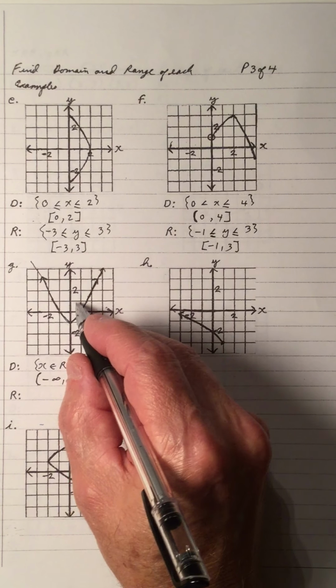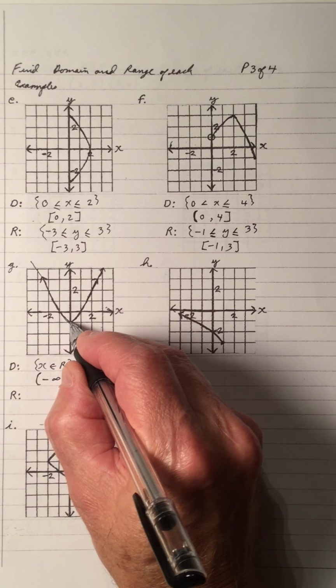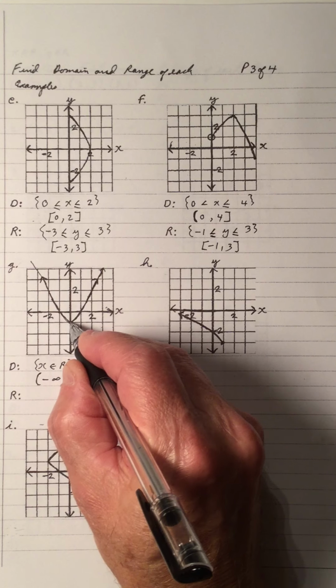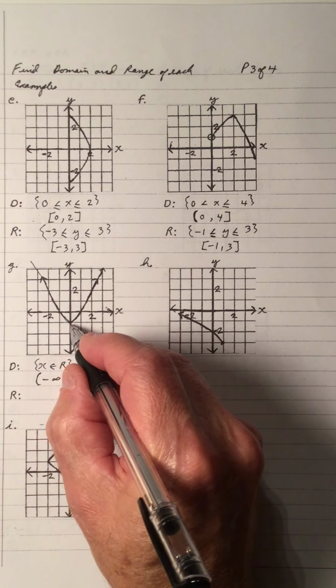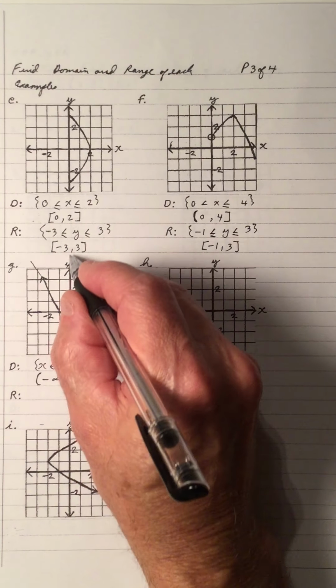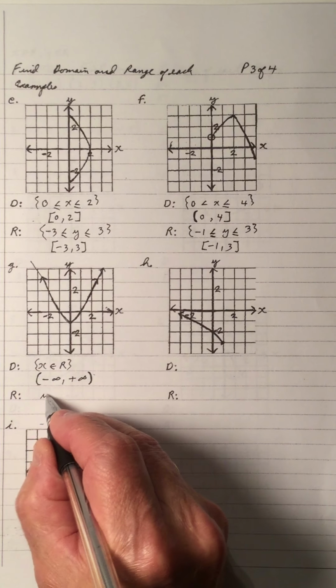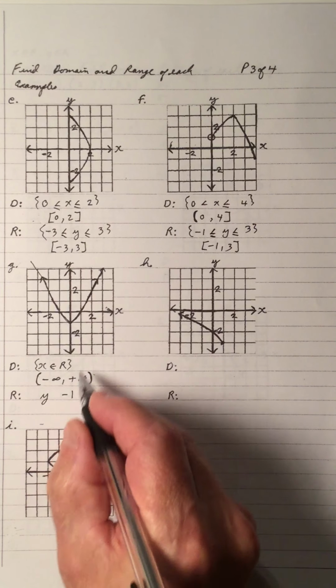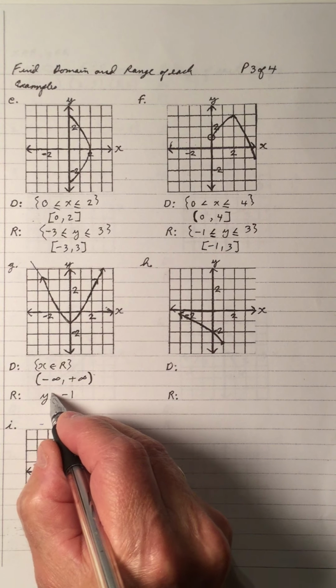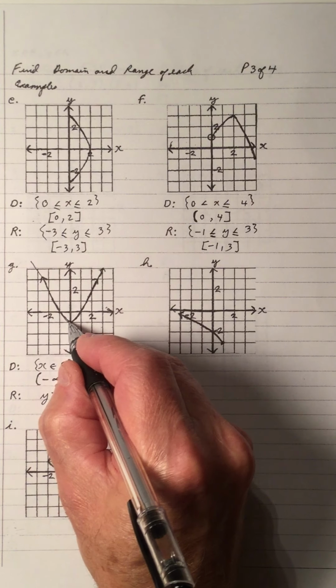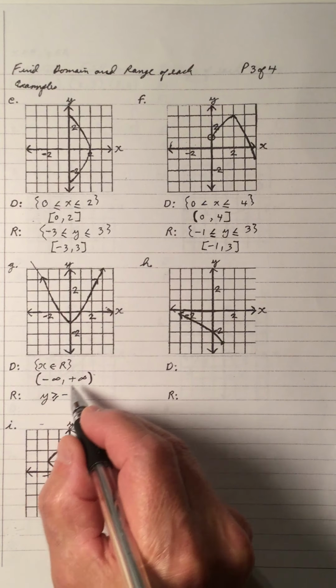And the y values in this graph, the smallest one is -1. So the y values are -1 and they go up. So that means y starts at -1 and goes up. So y is greater than, and this is a solid dot, so it's equal to.